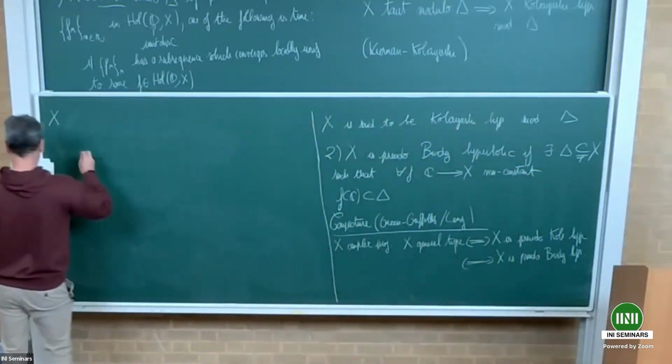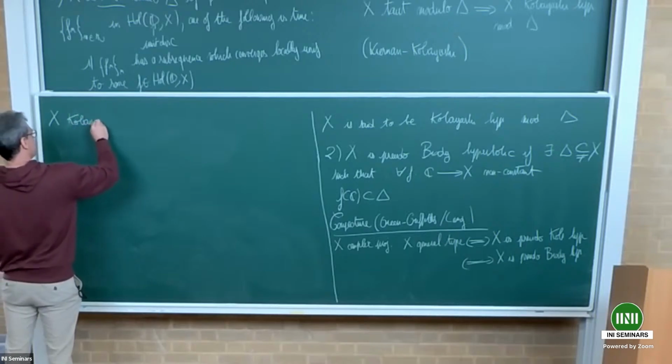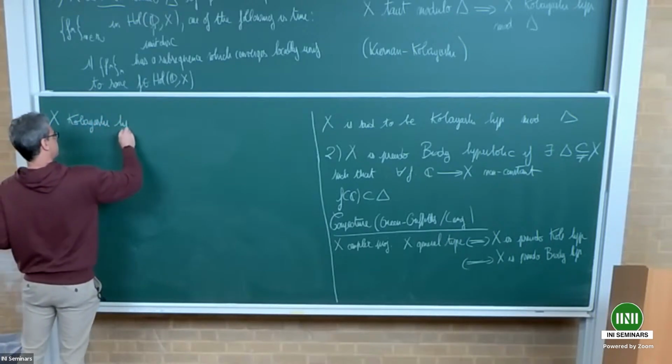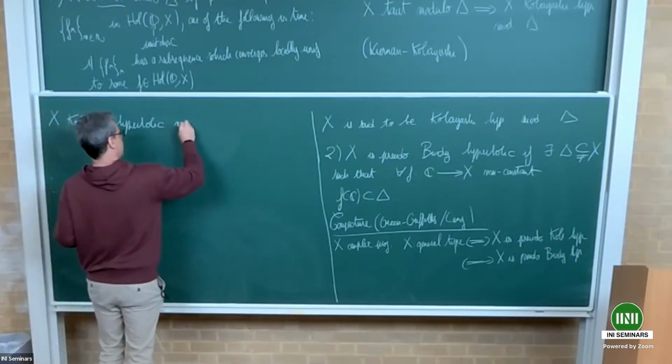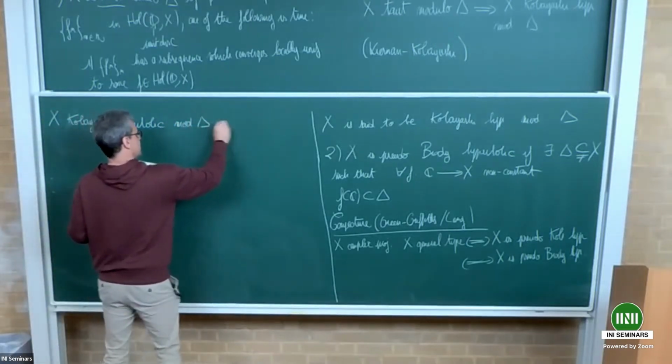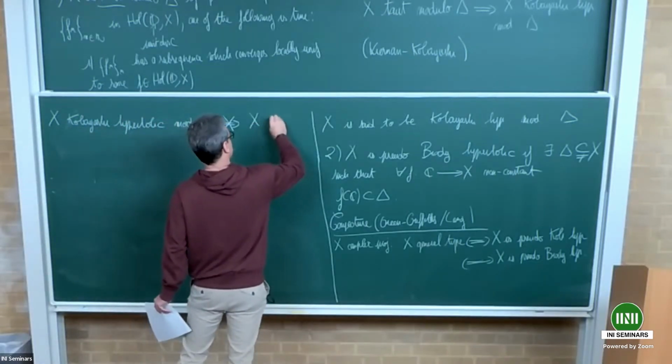So X Kobayashi hyperbolic modulo delta does not imply X taut modulo delta.